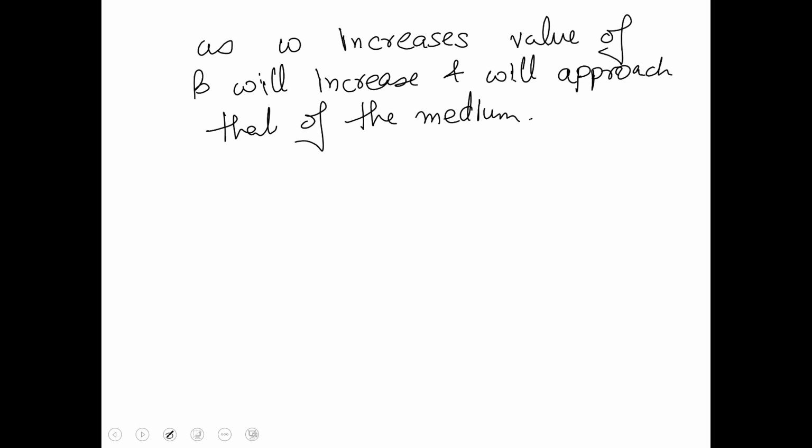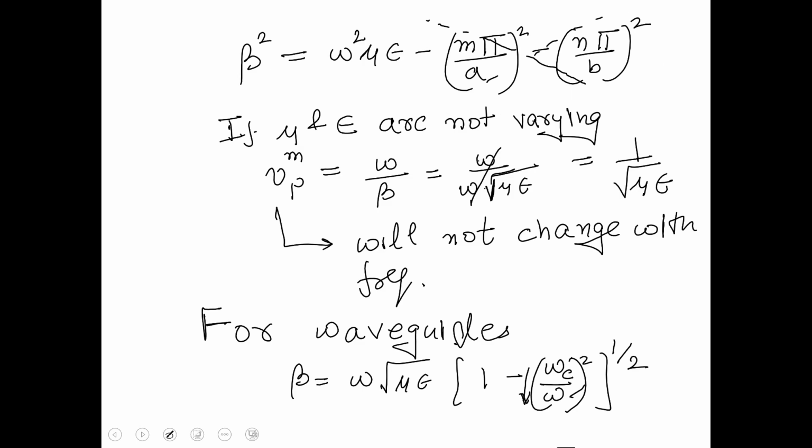If I go to omega much, much larger than the cutoff frequency, my beta just approaches the value of omega square root of mu epsilon, which is the beta of the medium.